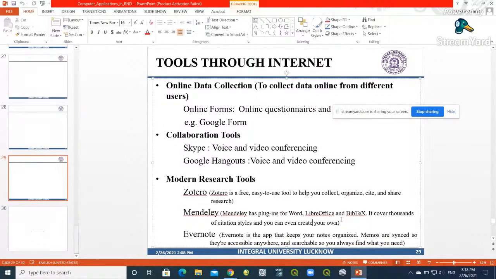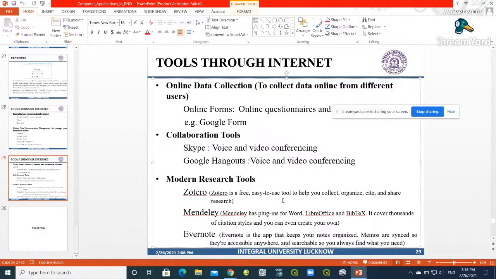Here you can learn how to automatically arrange your references, because in research, managing referencing is a big task. It is confusing and very time-consuming. But by using these tools, we can do it easily. So tomorrow I will give a practical demonstration so you can learn these two tools.